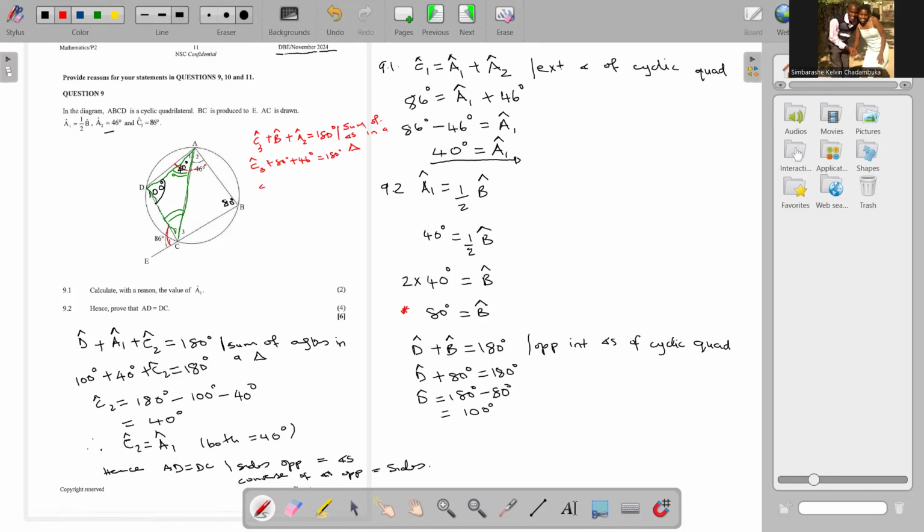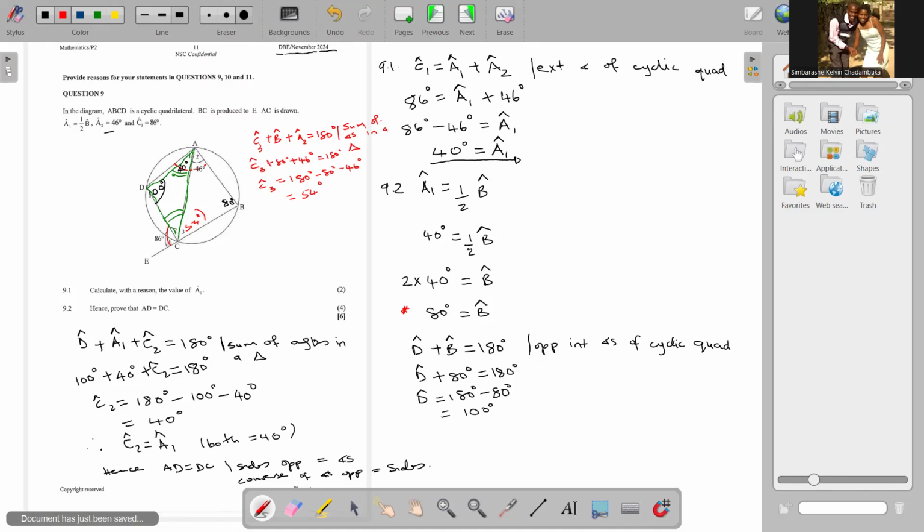Solving for our C3, it therefore means our C3 was going to be equal to 180 degrees minus 80 degrees minus 46 degrees. Then the answer was going to be 54 degrees. When we get 54 degrees, it means this part is 54 degrees.